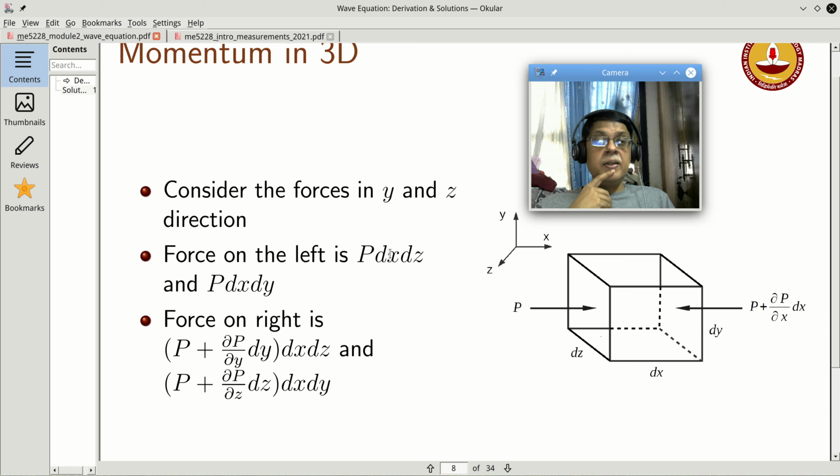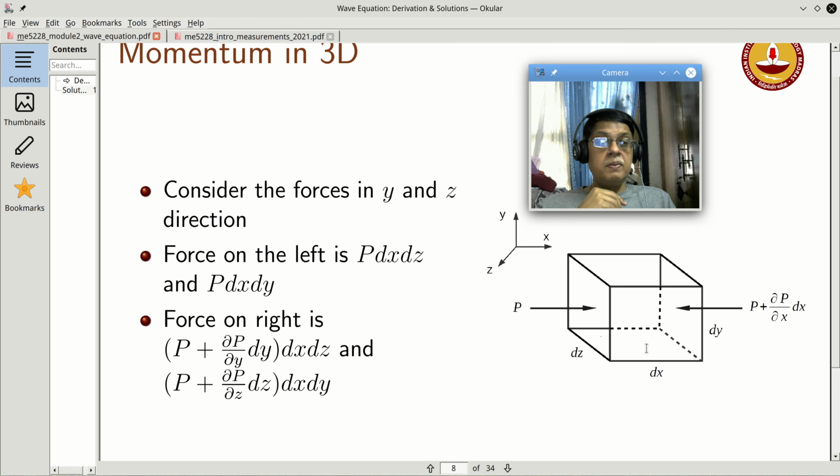So for the y direction, what will I have? The y direction is this way, and this is the z direction. So the areas that we are looking at are dx dz for the y direction, since y is upwards, and dx dy for the z direction, which is this way.